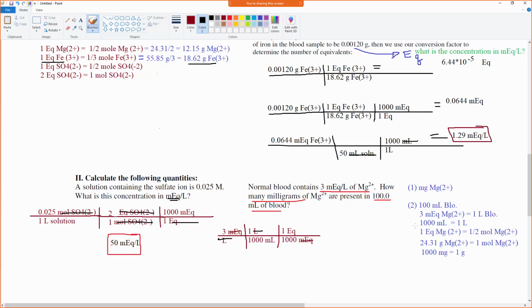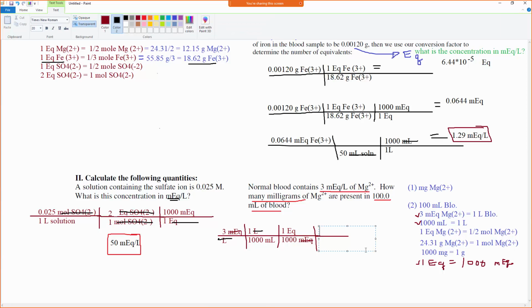So far I did use this little guy here, and I didn't anticipate that I was going to need that, but I did need it, didn't I? Milliequivalents. Okay, I used this guy. All right, what's next? 1 equivalent is 1/2 of a mole, or 0.5 in 1 equivalent for magnesium at least.